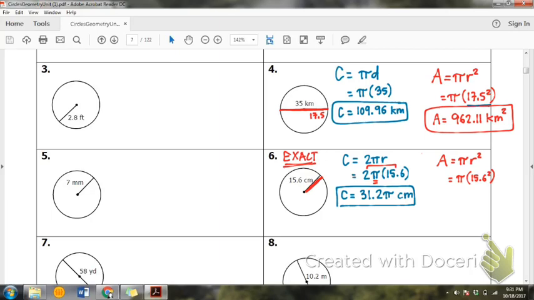So we can do 15.6 squared, and that gives me 243.36, but because we want it exact, I'm leaving pi in my answer, and I'm going to use centimeters squared. So again, when they say leave it as exact, that means they want pi in your answer.